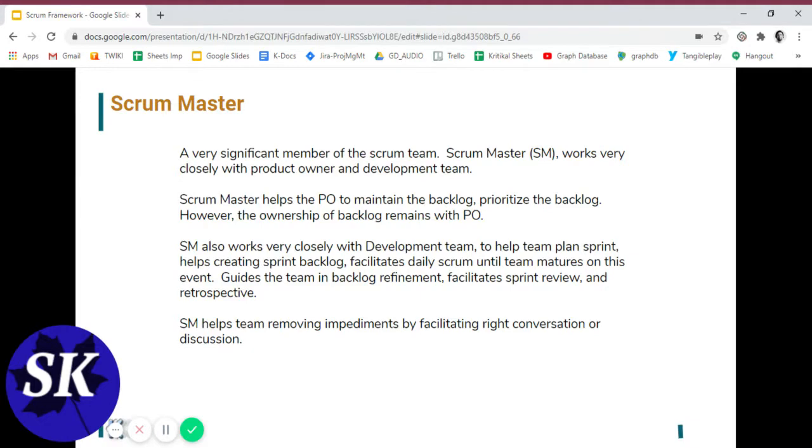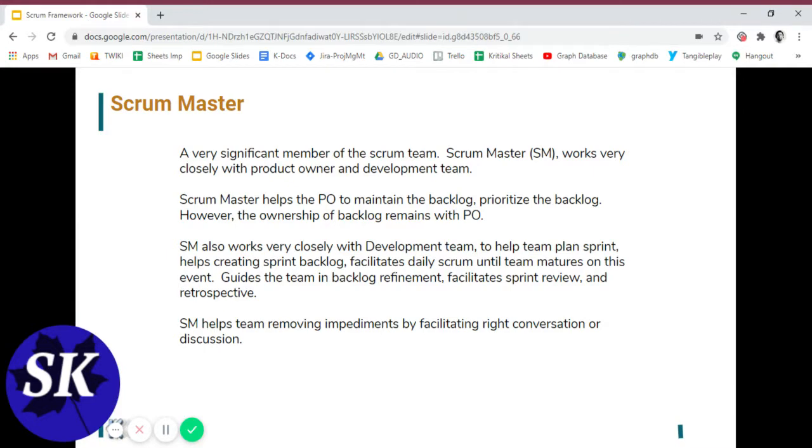Let's look at the Scrum Master's role. Right? So, the Scrum Master is majorly responsible for promoting and supporting the product owner and the development team, right, by helping them understand the Scrum theory, practices, rules, and values of Scrum.